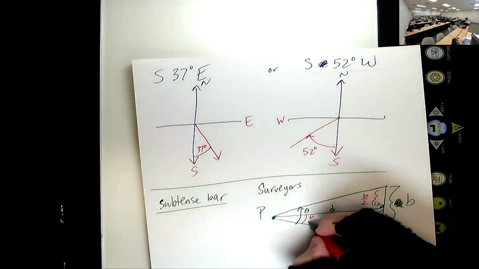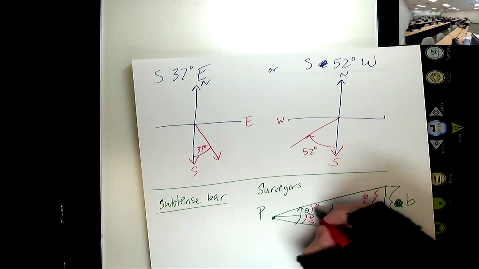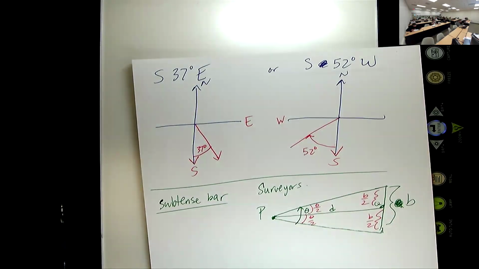That's kind of like theta over 2, and that's kind of like theta over 2. You're assuming it's split down the middle. You can use triangle information on that to find the surveyor stuff.